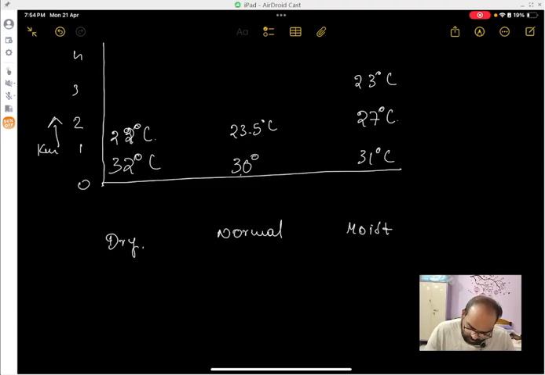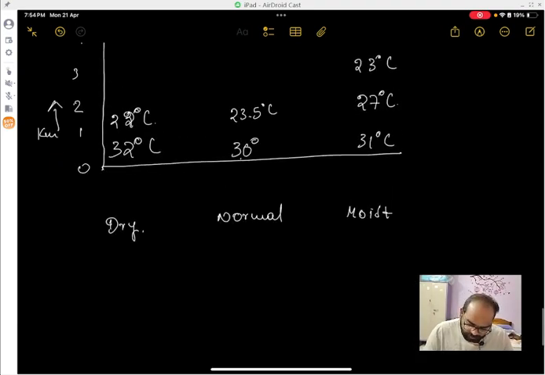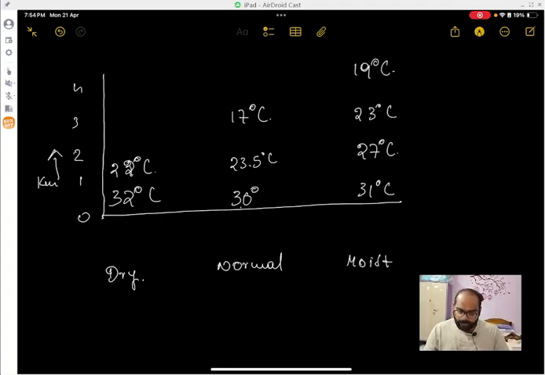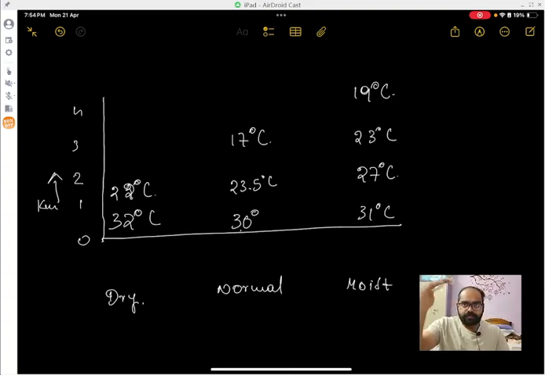See here, compared to the dry region, the normal region is higher by 1.5 degrees. It rises further up, it is 17 degrees centigrade. And moist air here is much higher than this 17 degrees, so it rises further, and minus 4, it is 19 degrees centigrade. See, the moist air is rising upwards in a much more rapid way.